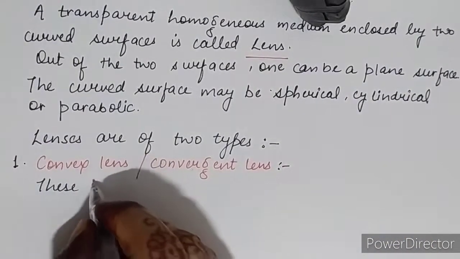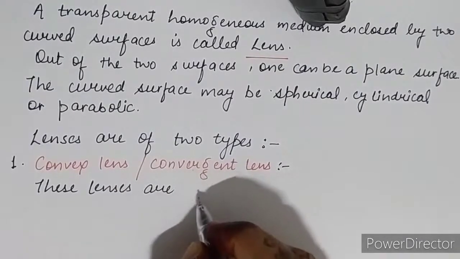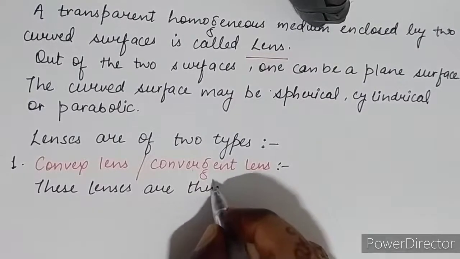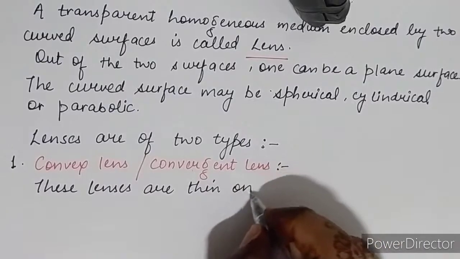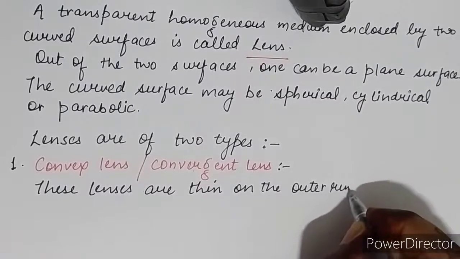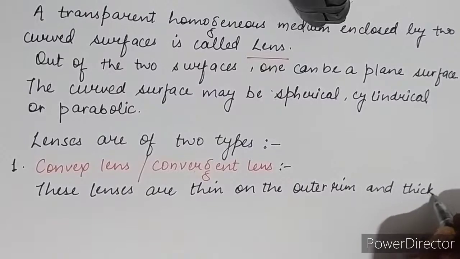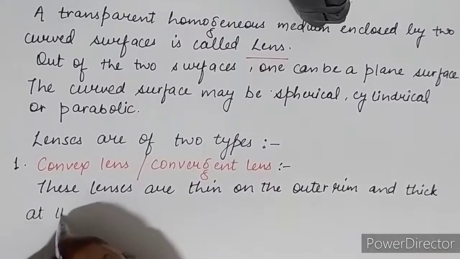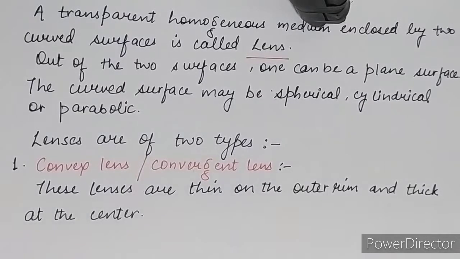These lenses are thin on the outer rim and thick at the center.